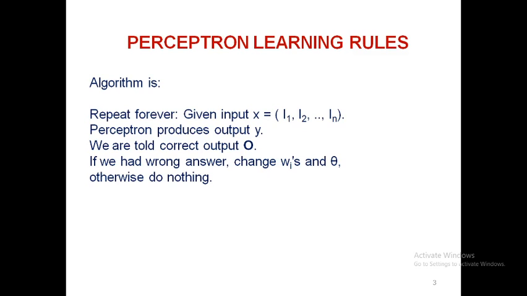So the algorithm for perceptron learning is nothing but this. Give the input x equal to I1, I2 and so on up to In, that may be 0, 1, 0, 0, 1 and so on. Each input may be either 0 or 1.